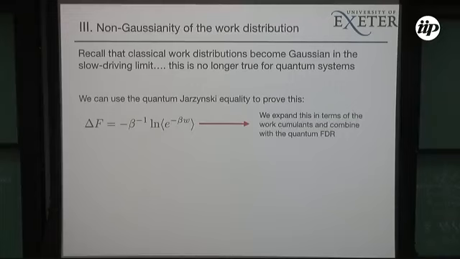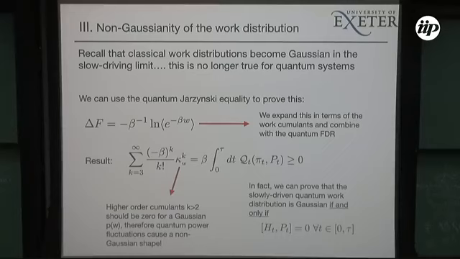Remember I said that in the classical case you get a Gaussian work distribution; in the quantum case this no longer holds true. There's a neat way of proving this. We know that the Jarzynski equality will hold in the quantum case. When we expand this in terms of the cumulants, we find that if the distribution was Gaussian, then its higher-order cumulants would all be 0.